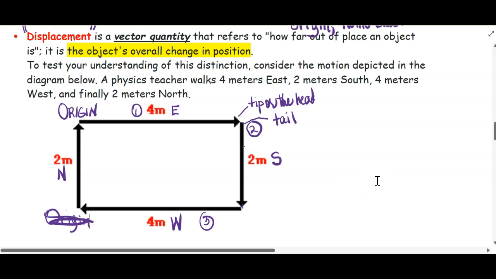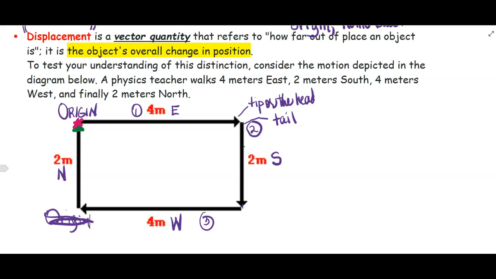So at this point, she is perfectly back to where the origin was, isn't she? Perfectly back to where the origin was.